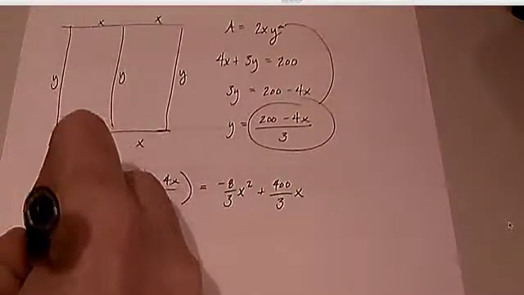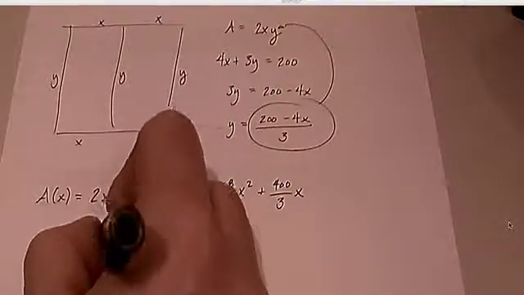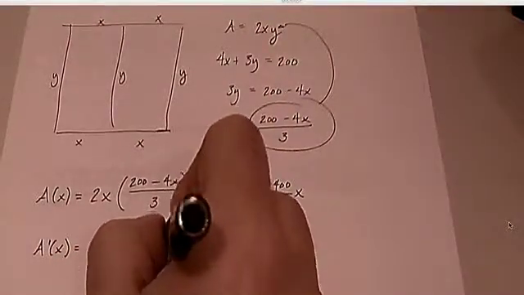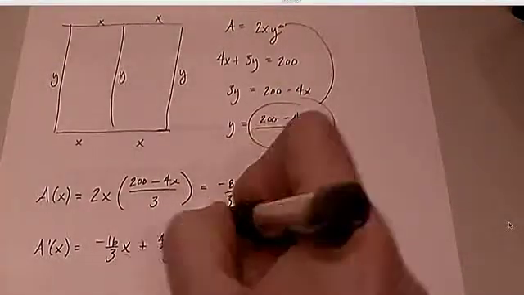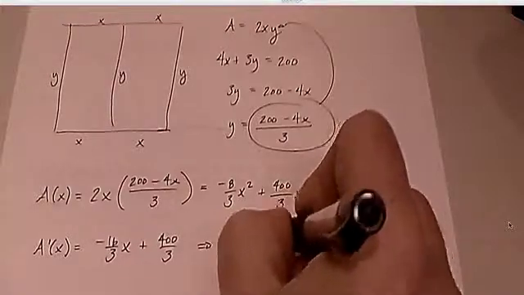Now what I need to do from here is take the derivative, and I get negative 16 thirds x plus 400 thirds. And now of course I need to set that equal to 0.